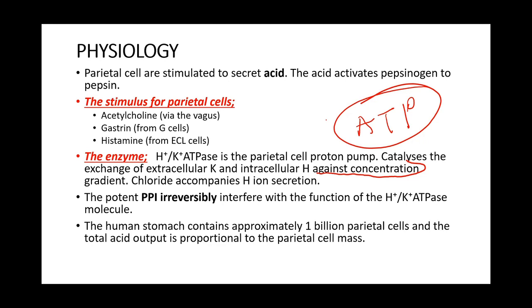If you stop taking it, what happens? There's production of newer molecules, and the patient will have recurrence of the symptoms. And you should know that the human stomach contains approximately 1 billion parietal cells, and the total acid output is proportional to the parietal cell mass.